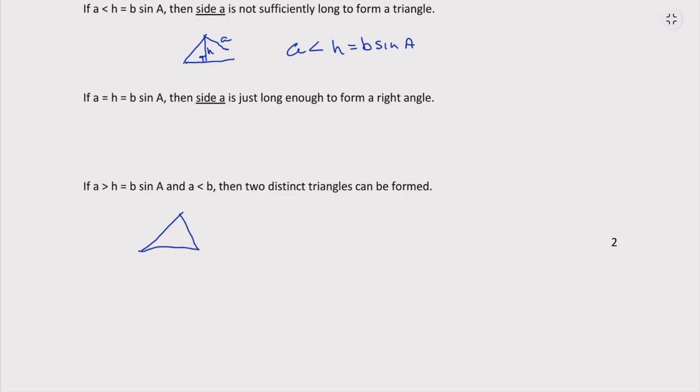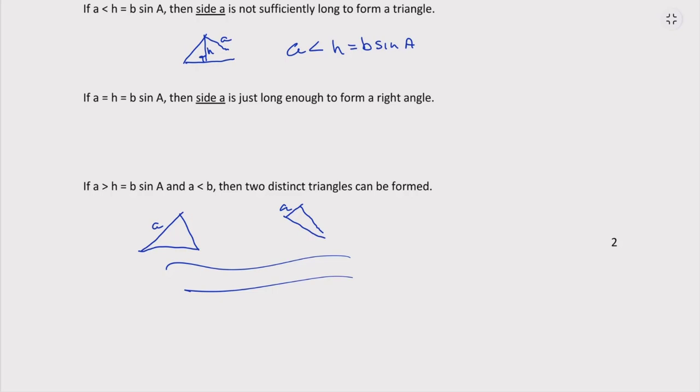One where a is relatively large, and one where a is pretty small. We have an example of this in the homework. Again, my pictures are not doing any good, but you'll see from some of the examples that when this case happens, there are two possibilities that could exist.